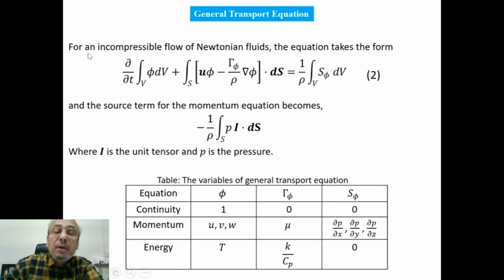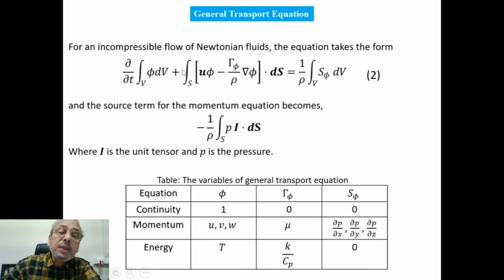Now, we are calling this the general transport equation because the same equation can be used for continuity, momentum, and basically energy. When we consider the continuity equation, then basically phi will be 1, and these two terms will be 0. In order to make them 0, gamma phi is 0, S phi is 0.